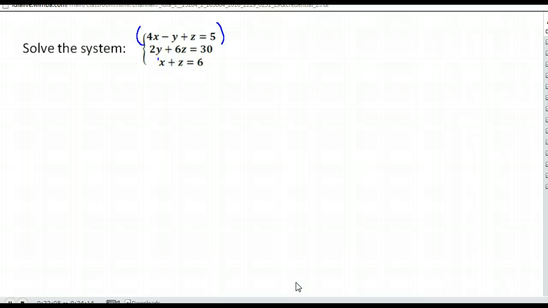Okay, I'm going to take the top equation times negative 2, and that will give me negative 8x. Or not negative 2, good laws. It's getting rough at the end, isn't it? Times 2, giving me 8x minus 2y plus 2z equals 10.